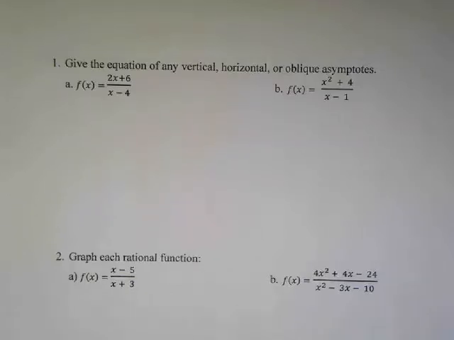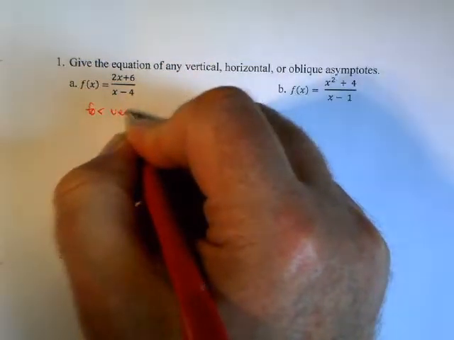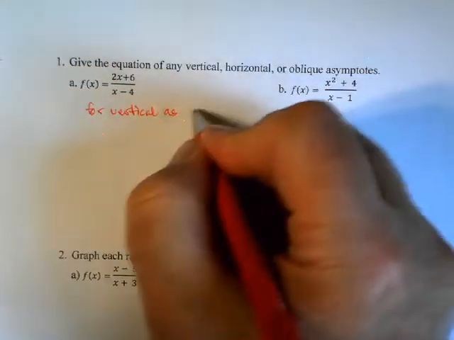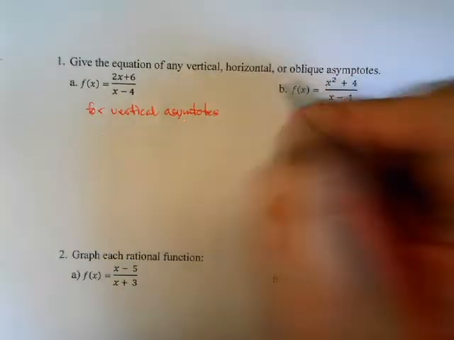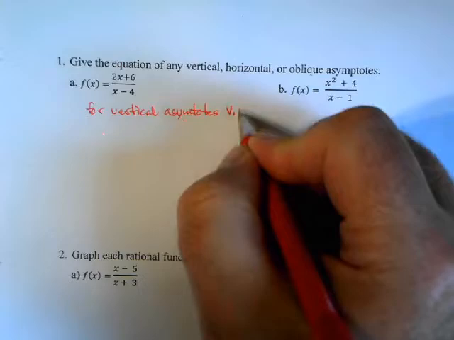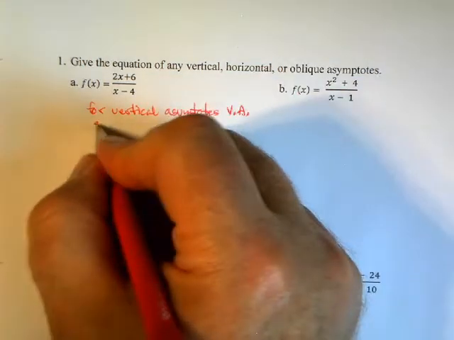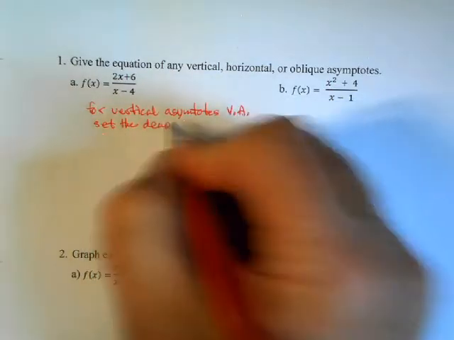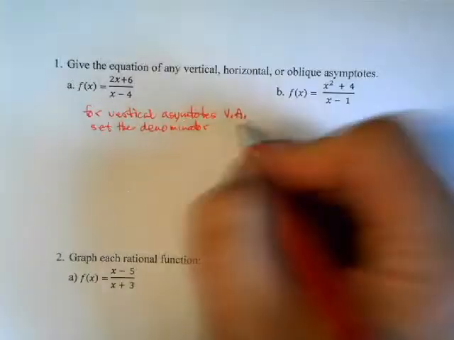Okay, so for vertical asymptotes, and we're going to just use VA short for vertical asymptotes, we want to set the denominator to 0.